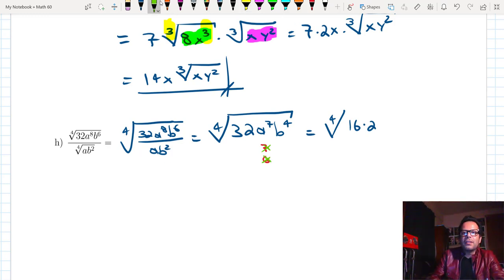So, cross it out. Let's do one less. 5, is 5 divisible by 4? The answer is no. Cross it out, right? And let's do one more. 4, is 4 divisible by 4? The answer is yes, right?